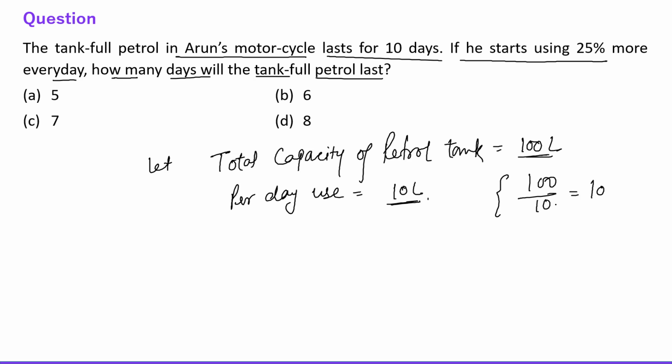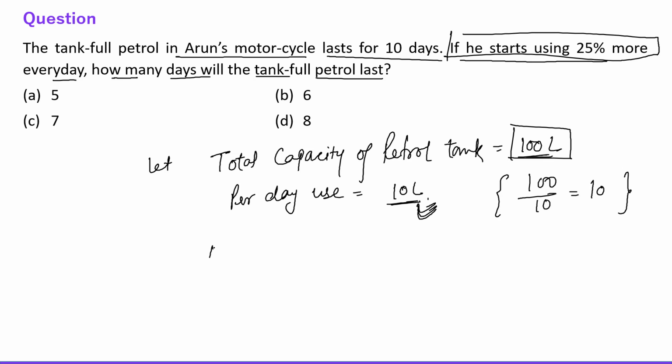So obviously if we divide it by 10, we will be getting 10. So he is consuming 10 liter daily, and he is consuming for 10 days. So obviously he has 100 liters petrol. Fine. Now the question is saying if he starts using 25% more every day.